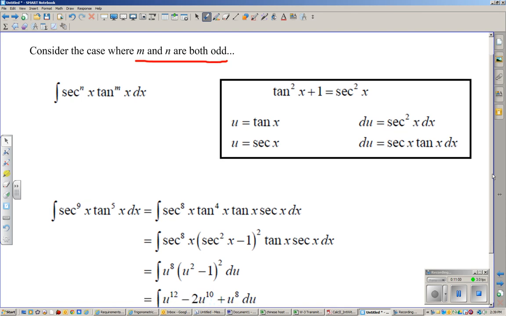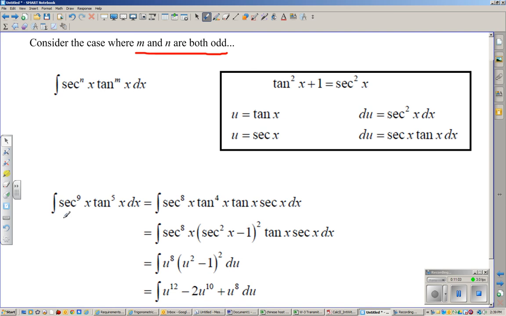In this case we've got secant is odd and tangent is odd, and I'm going to use this relationship in the bottom row here. I'm going to peel off a sec tan by itself, and then put everything else in terms of secant.